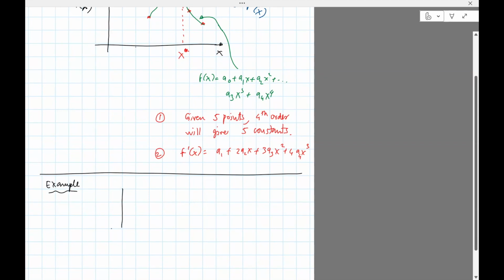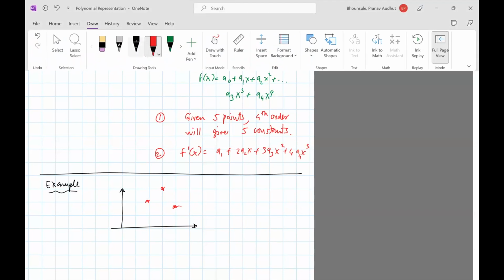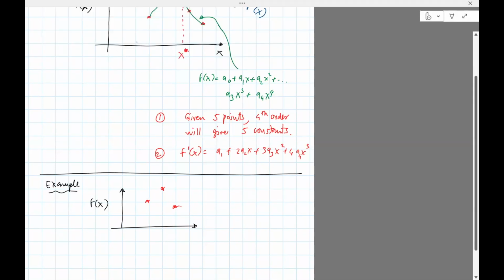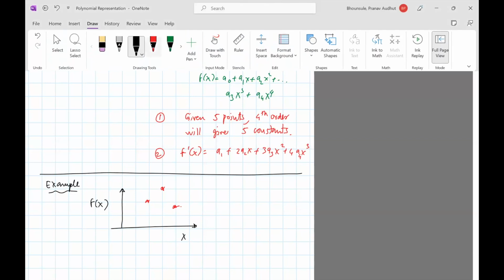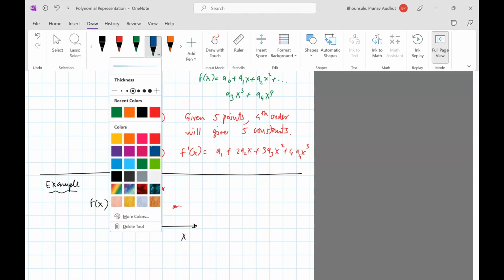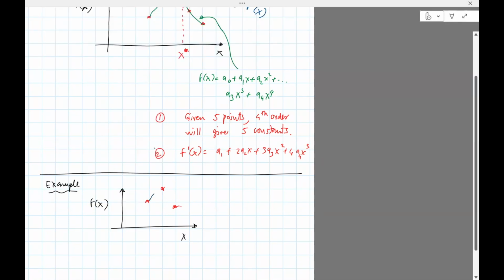So just to show you how this works, let's say that we are given 3 points, then obviously the simplest curve is going to be a second order profile. So this will be second order.